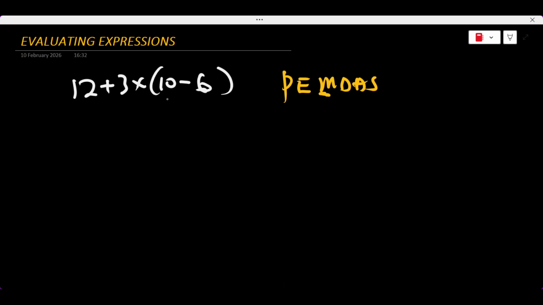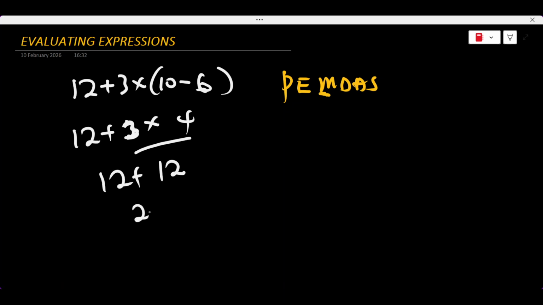So we solve that first. 10 minus 6 gives us what? 4. Then you bring your what? 12 plus 3 times 4. Then we don't have exponents, we have multiplication. So we solve multiplication next. 3 times 4 gives us what? 12. And then 12 plus 12, we have 24.